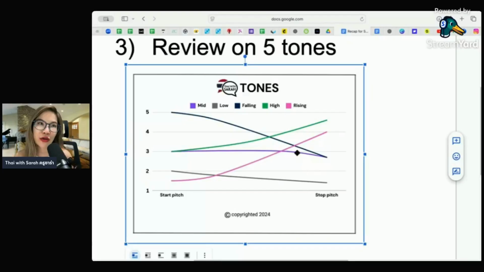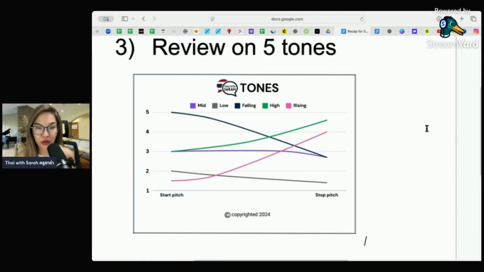Okay, so now you're going to do 3 tones. The first 3 tones, mid, low, and falling, over and over and over again. And once you feel like you have a good grip of these 3, then you can move on to high and rising.